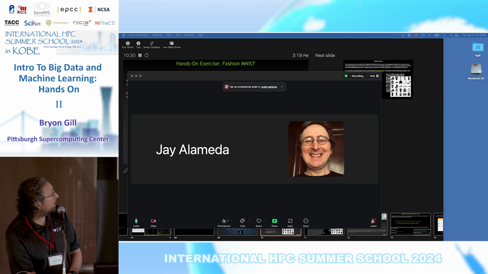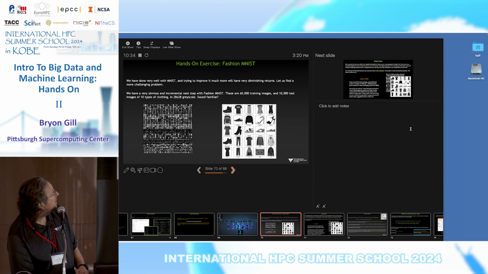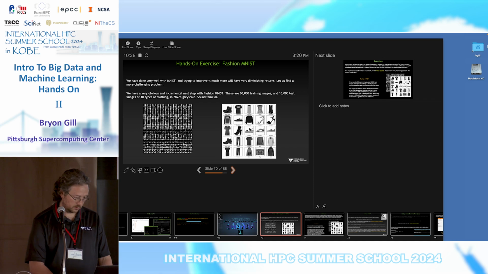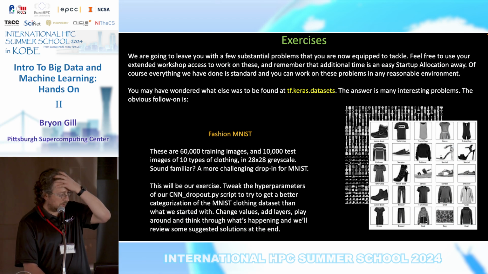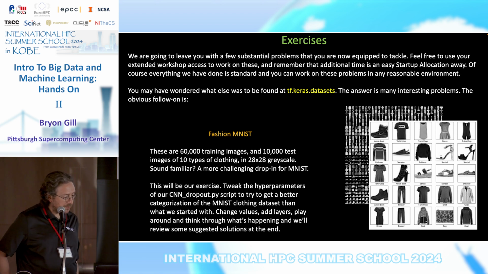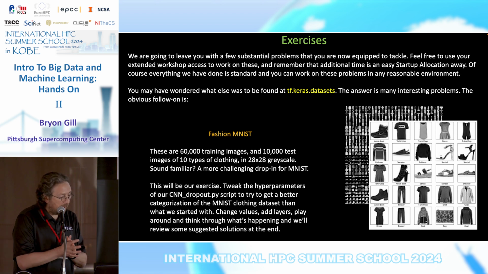We just have to change one line in the file, and we'll have a pretty good attempt at doing this. So there's 60,000 training images and 10,000 test images. And the exercise is just to tweak the hyperparameters and try to do better than the baseline.